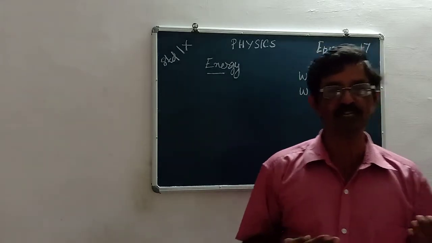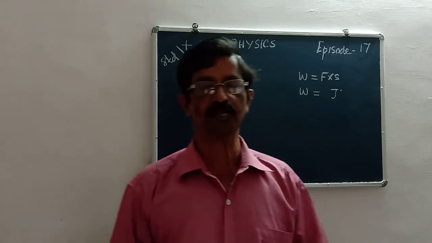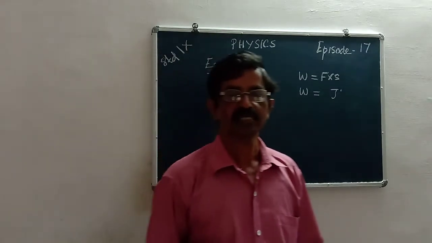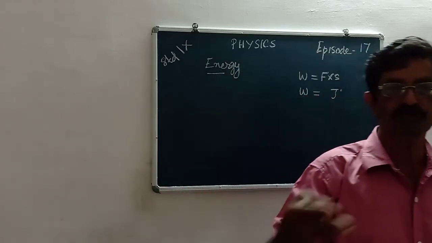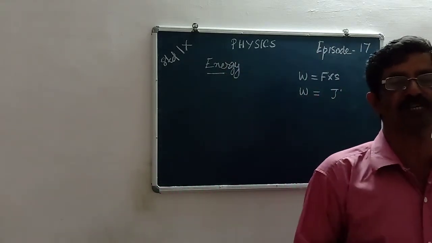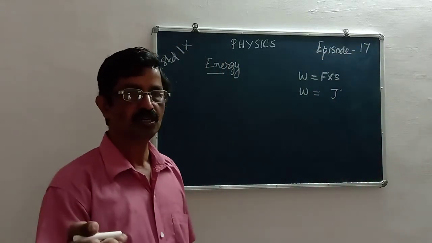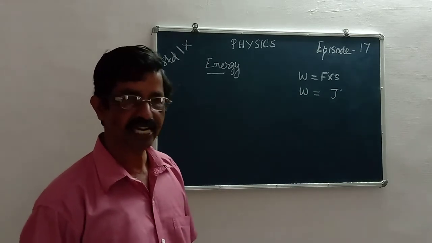The table is moving towards you. Then the work is positive. Then the frictional force is acting opposite to its motion. Then the work is negative. So work can be positive or negative.